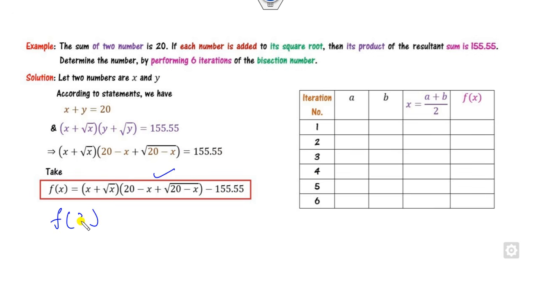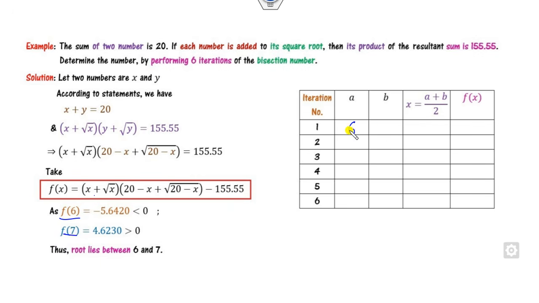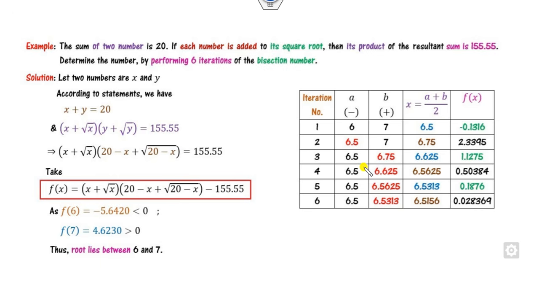You can choose two numbers such that one number gives less than 0, the other greater than 0. So clearly if you start with f of 6 and f of 7, which are less than and greater than 0, 6 is negative, 7 is positive. And you need to perform the 6 iterations like it. So you can perform it as usual. Once you perform this, at the end of the 6th iteration, this is my required answer of this problem.